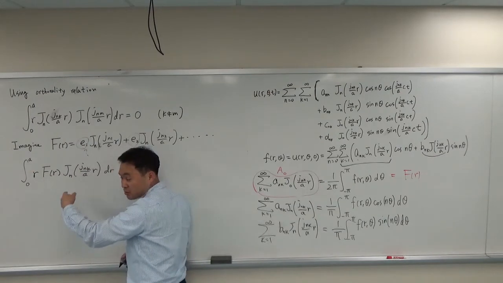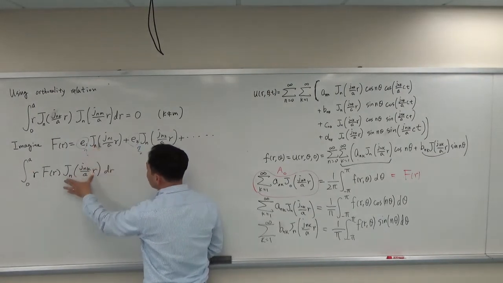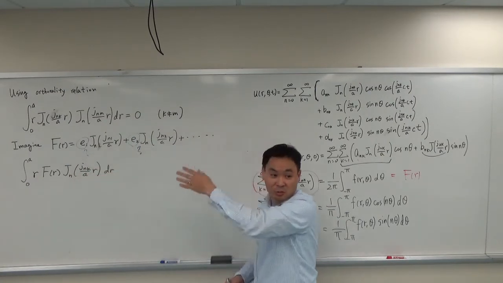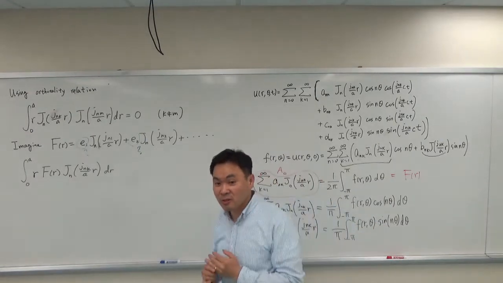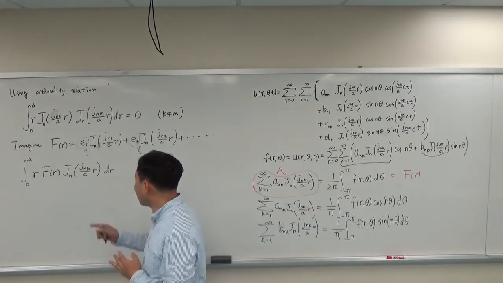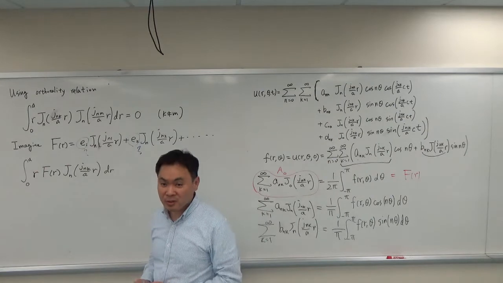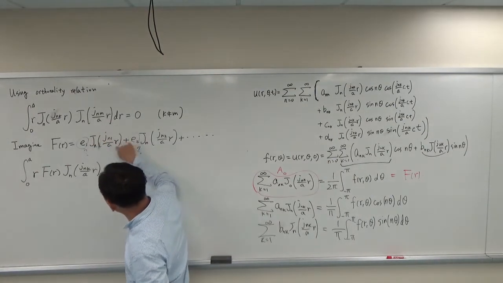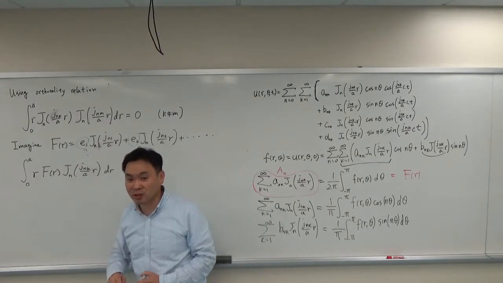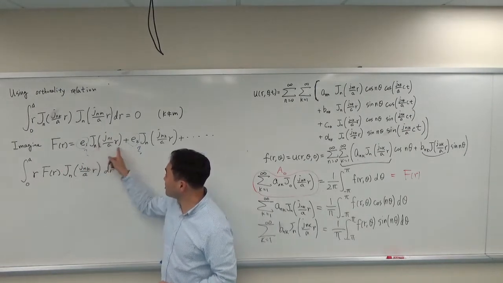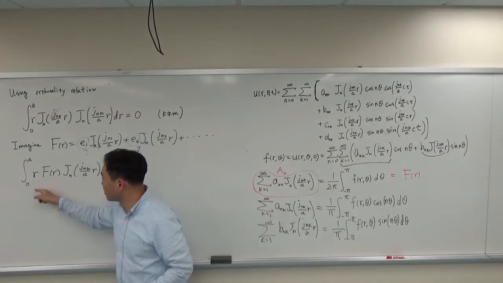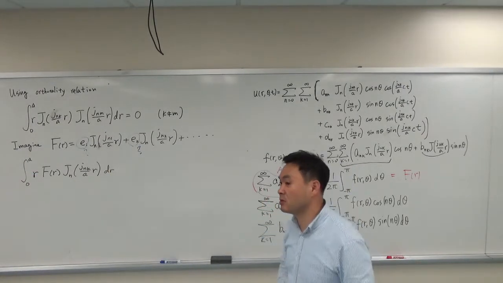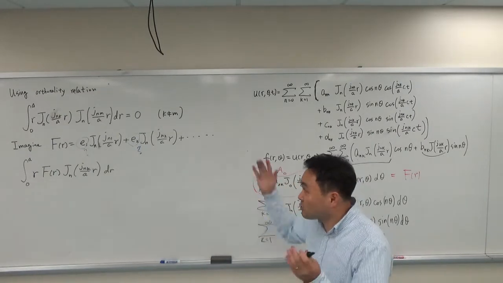You can expand it so that you have this times this, this times this, and then you have infinite integrals, right? So let's just say that k is something like 5. Now, if that's the case, what would this times r integrated from 0 to a give you? The answer is right in front of you. What is it?